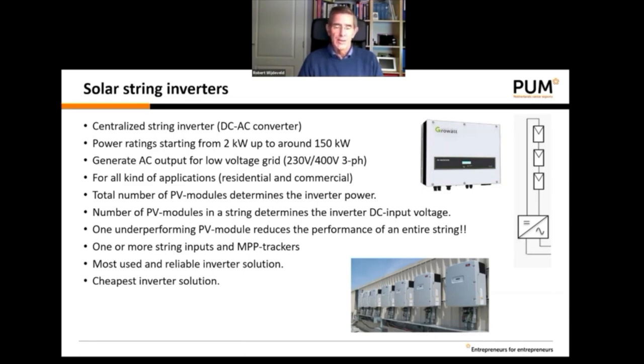So if you have a string of 5 solar panels and one is broken down, then you will not have any energy, because the PV module which is broken will block the solar energy flow. Or if a module works only at 50%, you will see that only 50% of that PV module will go through the string.